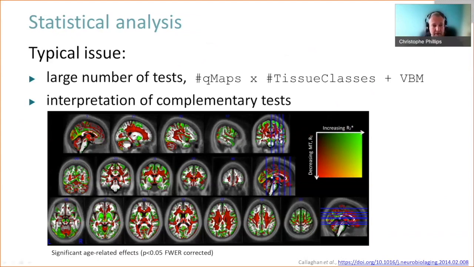And the idea they had was that because MT and R1 are related to myelin and R2 star related to iron, this highlights the places where you can observe a decrease of myelin here in red, mostly in white matter, and where you've got an increase in iron, mostly in gray matter.